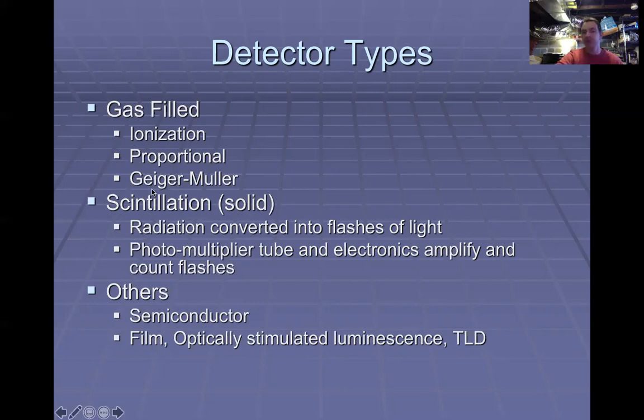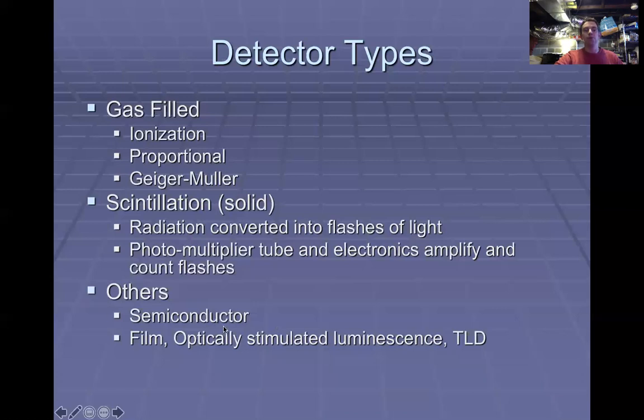These are essentially crystals that are sensitive to radiation in one form or another. So those are used in a different type of setting. A solid crystal is very dense compared to a gas-filled volume, so they have different benefits in that regard. And then there's other less used types of detectors, like semiconductor detectors. Those are useful if you need a very, very physically small detector.